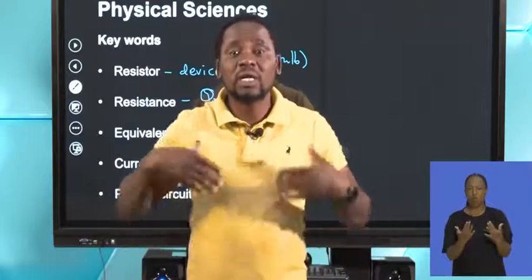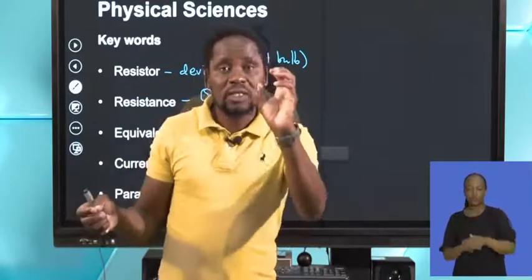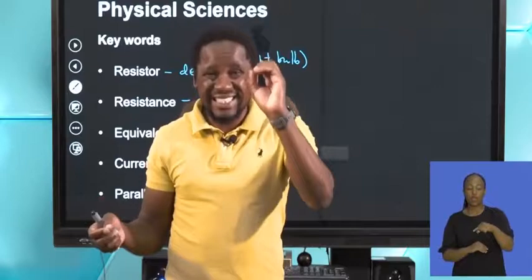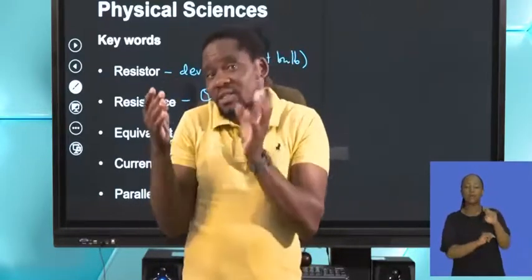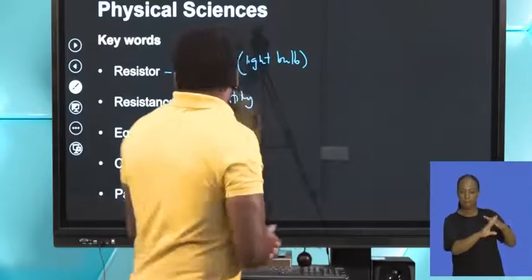Resistance has to do with the opposition to the flow of charge, or opposition to current, in a complete circuit. So the quantity concerned is resistance, while a resistor is a component or device that offers resistance in a circuit.